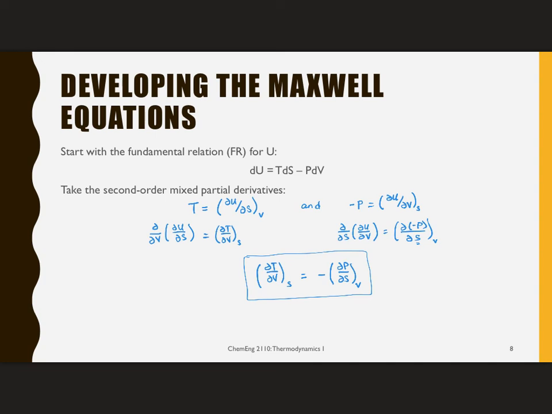And you can identify it as being from U of S and V by looking at those variables there in the denominator and the subscript, right? So S and V are the variables, therefore it came from the U fundamental relation.